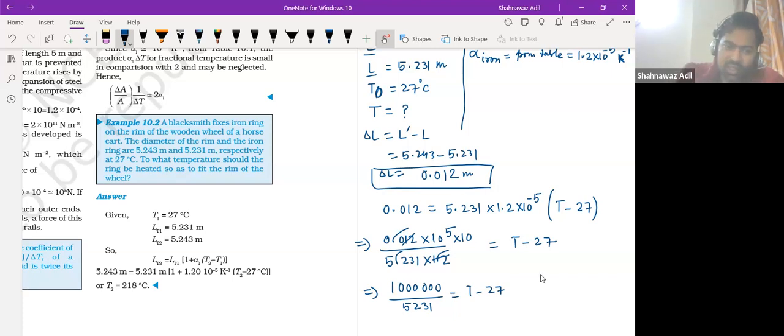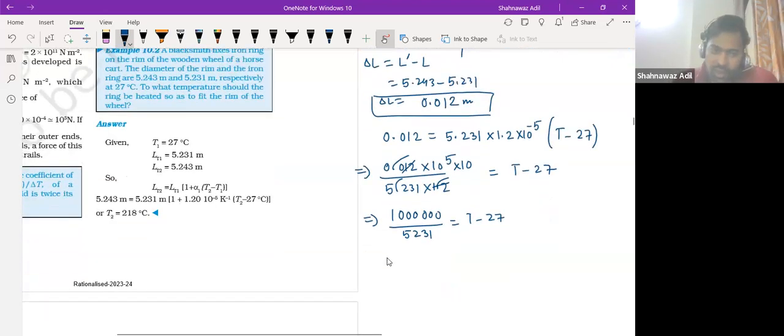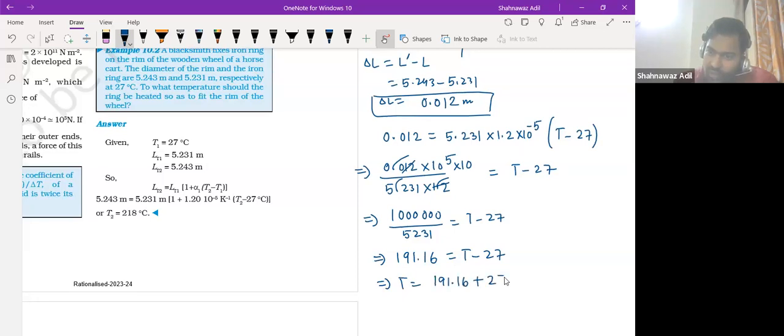So 191.16 equals T minus 27, so T is 191.16 plus 27, which is about 218 degrees Celsius.